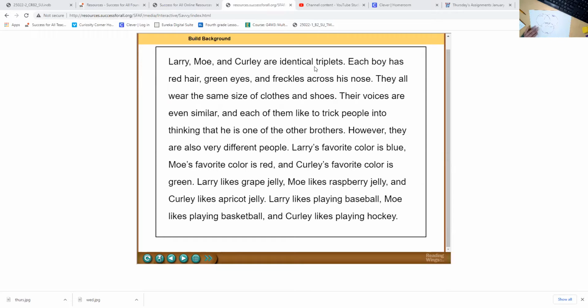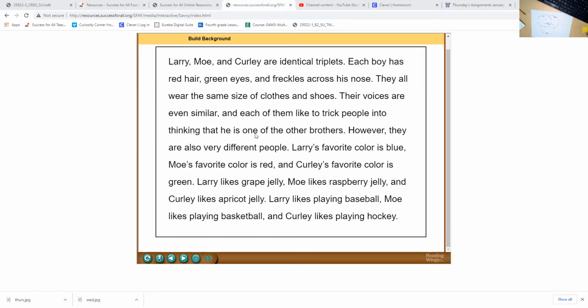And now let's look at some of the ways that they're different. So I can look at, let's see, maybe each boy has, we know that they have red hair, green eyes, freckles across the nose. They all wear the same size clothes and shoes. So that's all about their appearance.